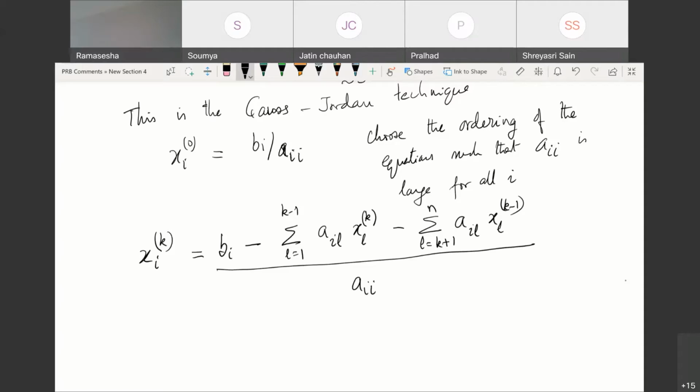What you have done is you have taken the ith equation. The ith equation is ai1 x1 plus ai2 x2 plus etc. plus aii xi plus etc. plus ain xn equal to bi.